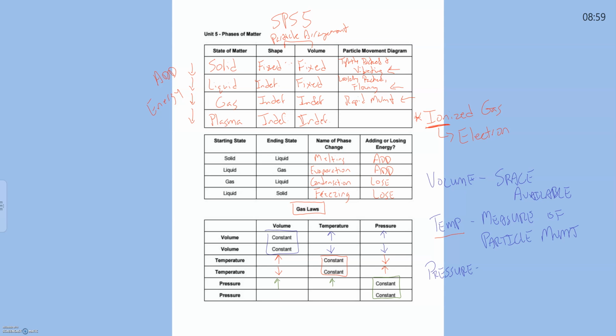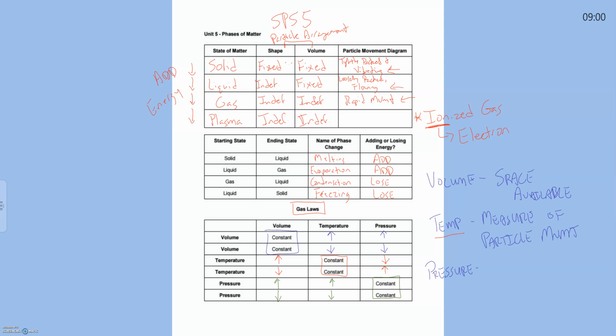If we stick you in the middle of a classroom and time how long it takes you to run to each wall, and then you had to go into the gym and touch each wall in the exact same amount of time, you're going to have to move a lot faster. Whereas if we put you in the front office, we've decreased the volume. You would not have to move as fast to touch the walls of the front office as you would the walls of the gym or your original time in a classroom.